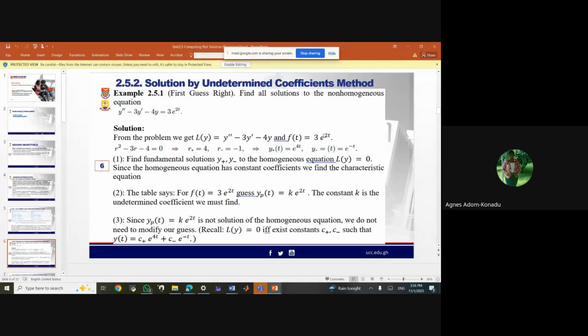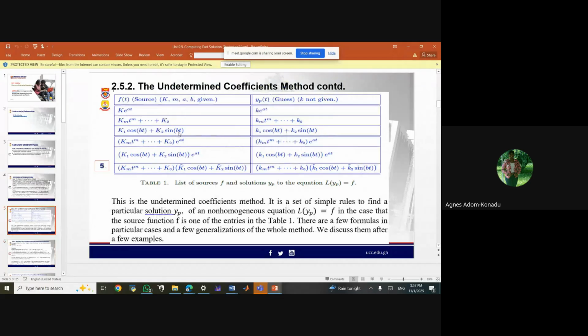We have to look at what we have here. It is 3e to the power 2t. The 2 is not a root of the homogeneous part, so we are fine. So we go to the table. It says that if the source function is ke to the power 3t, then our guess should be ke to the power 3t.